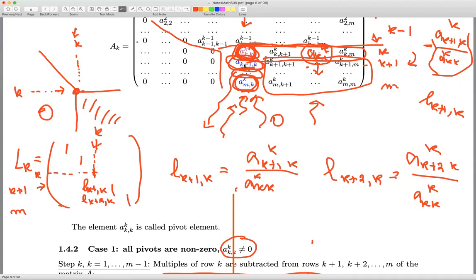So everything that sits on position K plus 1, K is the ratio of the current element that sits there divided by the pivot. The element L with index MK is the ratio of the current element that sits on position MK divided by the corresponding pivot element.